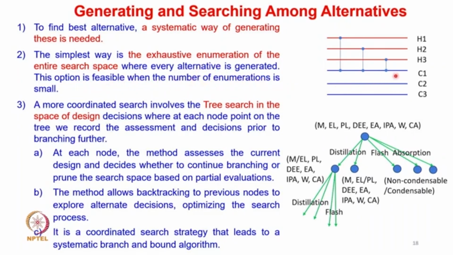A common example is shown here, where there are three hot streams exchanging heat with three cold streams. You can see that if we take an example of cold stream 1, it can exchange heat with hot stream 3, hot stream 2 and hot stream 1. So there are different possibilities. It can have the exchange with any one of these or with all.